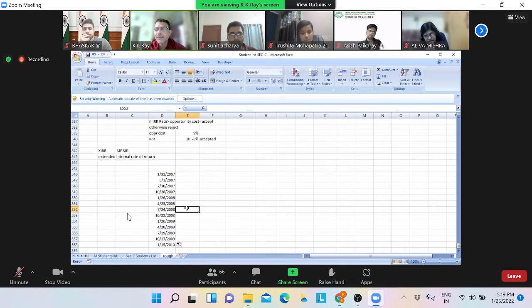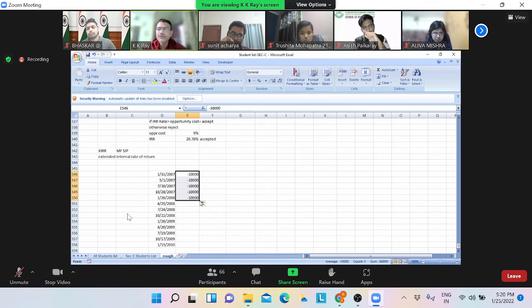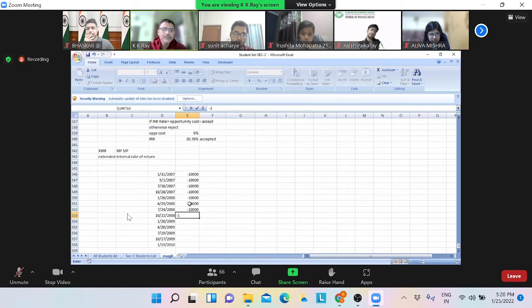So in the past, suppose my SIP contribution is 10,000 rupees. For several years I contributed this amount. Then all of a sudden I withdraw 26,000. Then again I am putting 10,000. Then again I am putting 10,000.